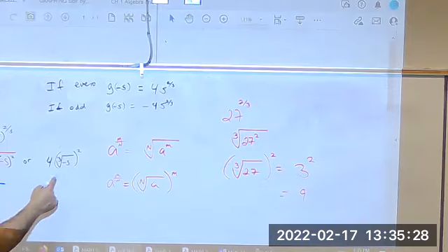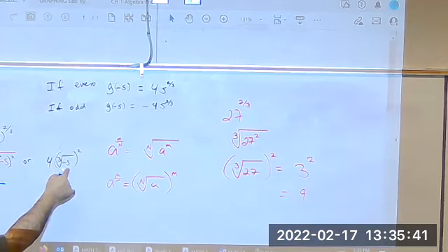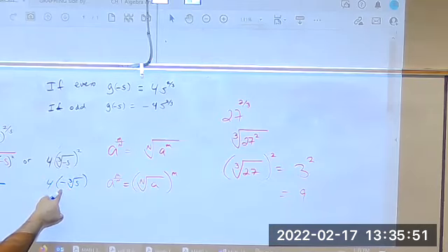Even if I did it this way, 4 times the cube root of a negative s, that's going to be a negative because I can take out the negative. If it's a cube root of a negative number, the answer would be a negative answer. But I just don't know what the cube root of the s is going to be. But the cube root of the negative is an actual negative number.